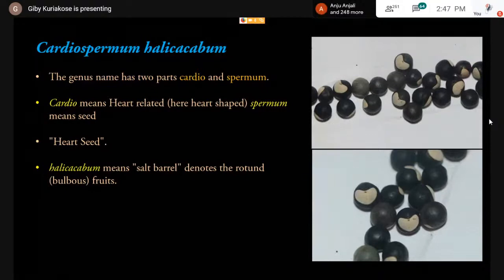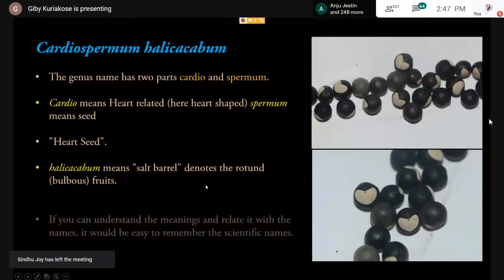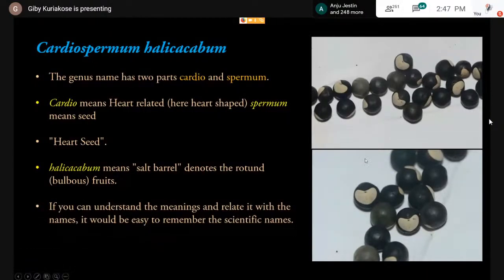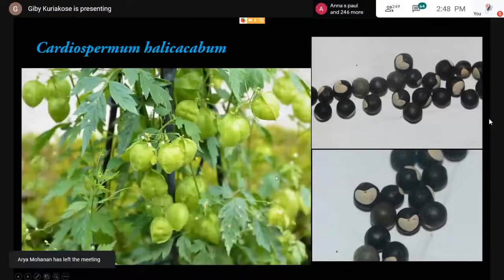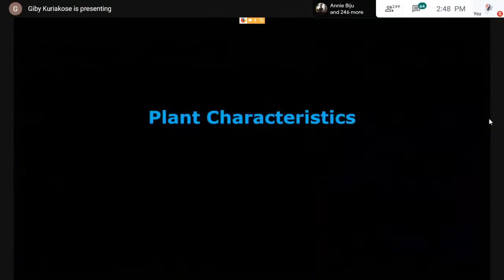With the lid, you can compare this particular thing to the lid of that ice cream bowl. If you can understand and relate the meanings of the terminologies with the name of the plant, then it would be easy. Now, this is Cardiospermum halicacabum, which is a very common plant. In Malayalam, it is called Valliyuzhinja.